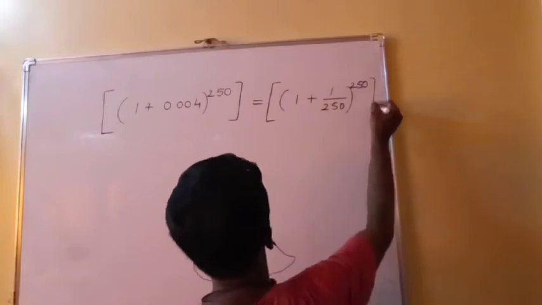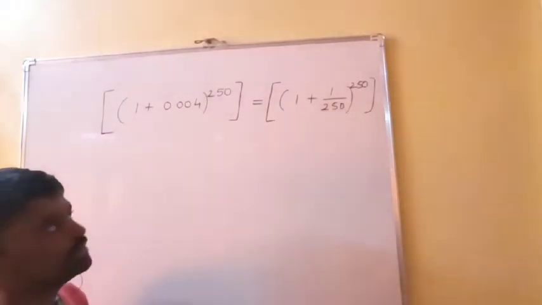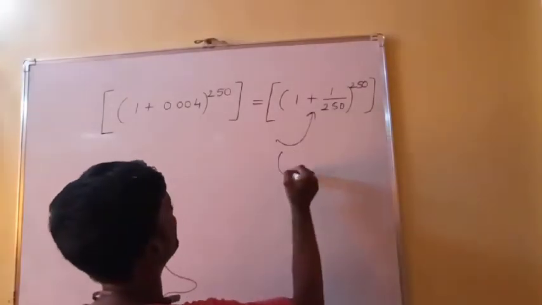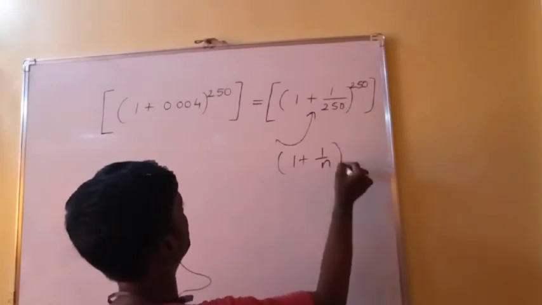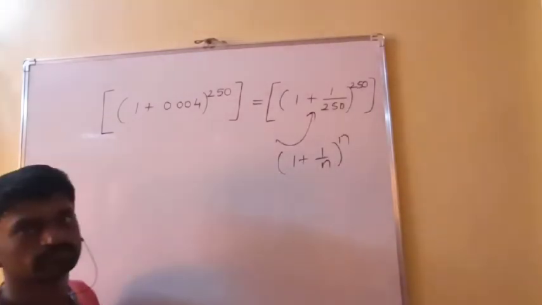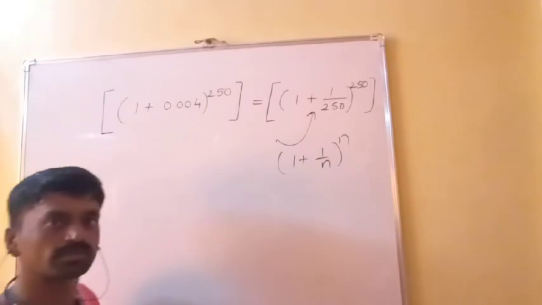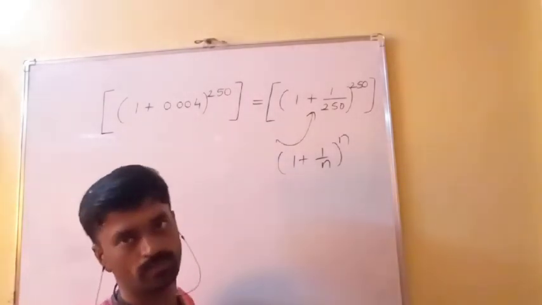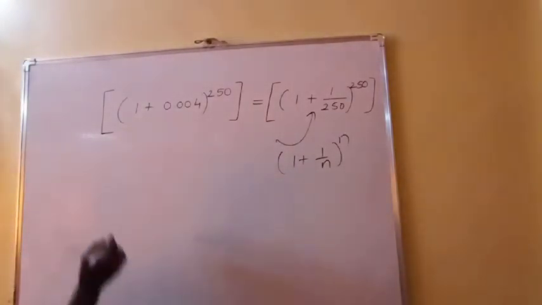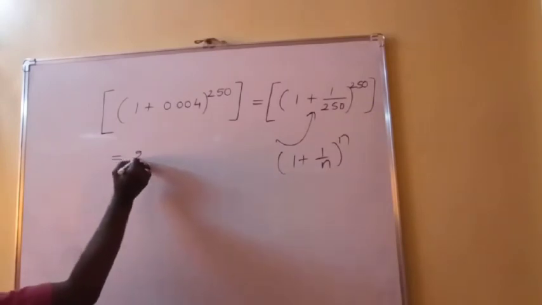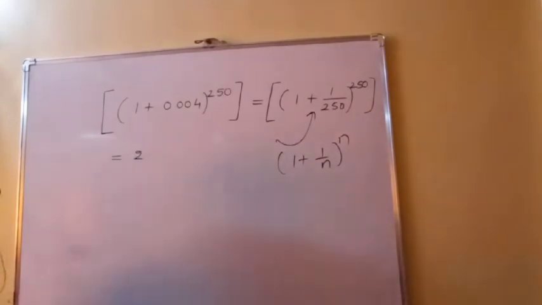Am I correct? So then this binomial looks like (1 + 1/n)^n. So that quantity lies strictly between 2 and 3. Then the integral part of a number which lies between 2 and 3 is 2. Over.